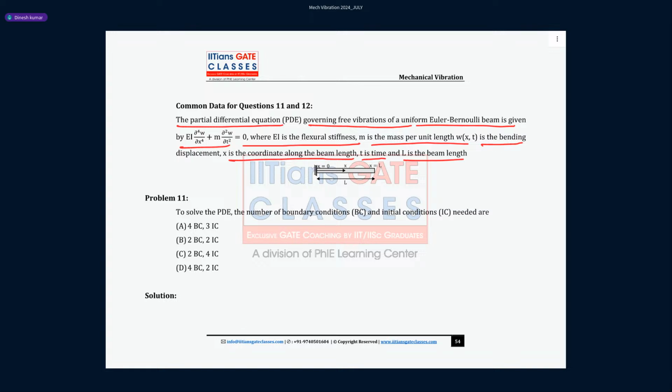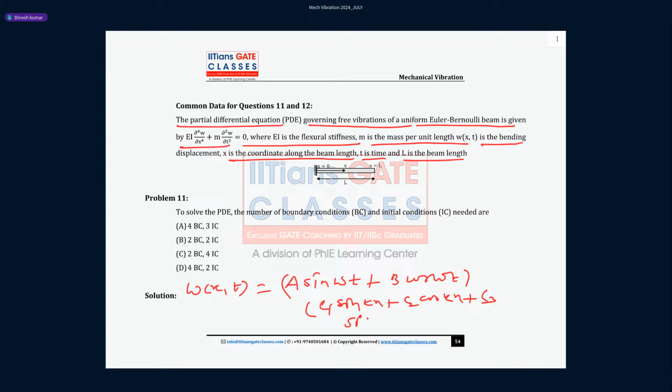So we know in case of beam, how many boundary conditions I told in the last class. You know w(x,t) is given by what? It was A sine omega t plus B cos omega t, then C1 sine kx plus C2 cos kx plus C3 sinh kx plus C4 cosh kx, right?